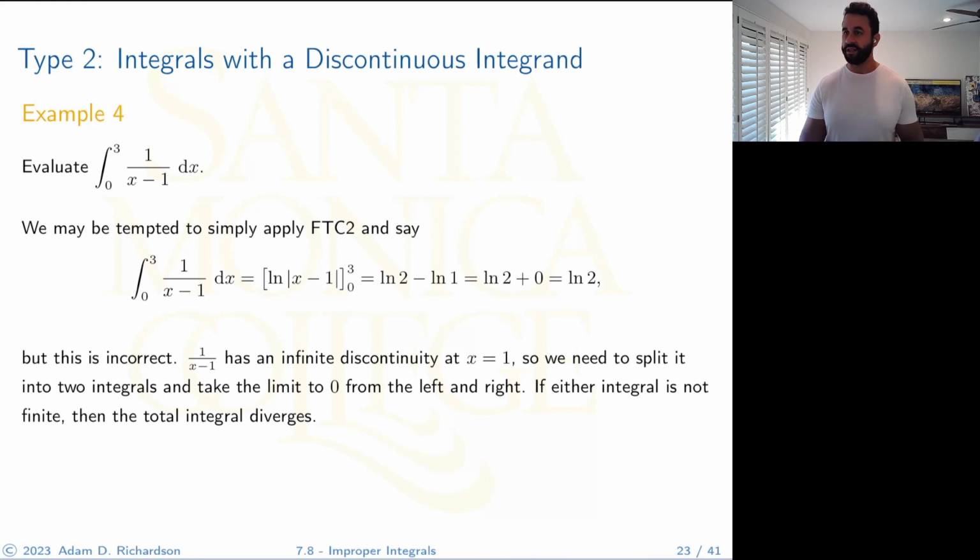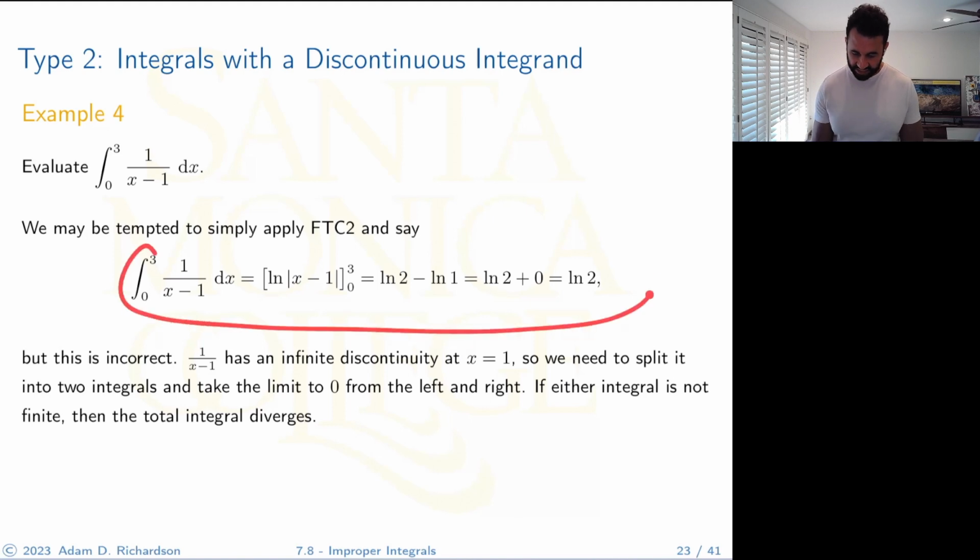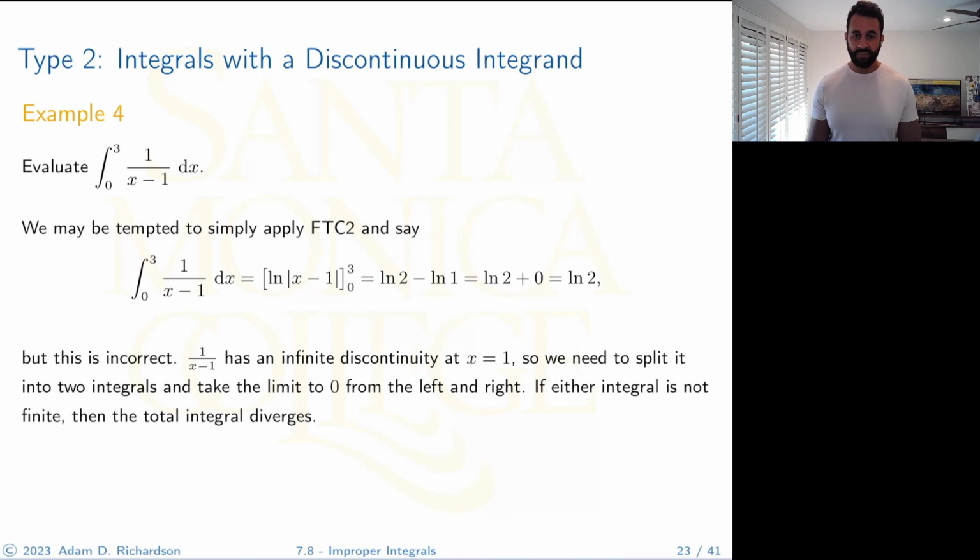So this calculation here, although it seems plausible, is actually totally false. The false step occurs right here. The application of FTC2 is not valid.